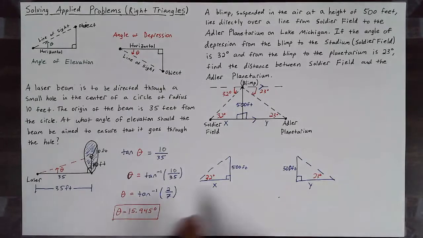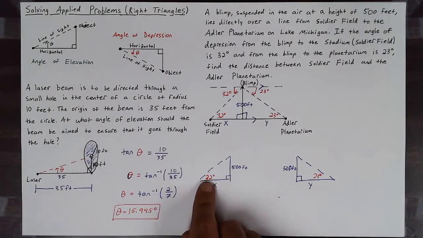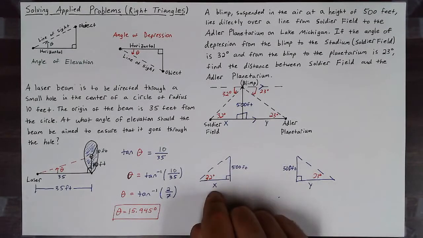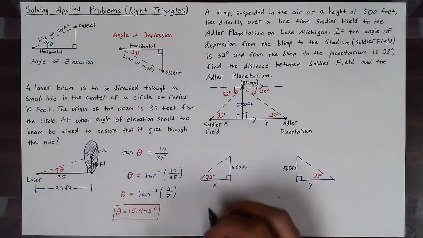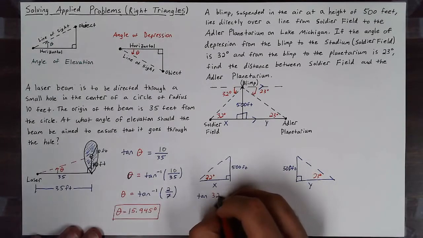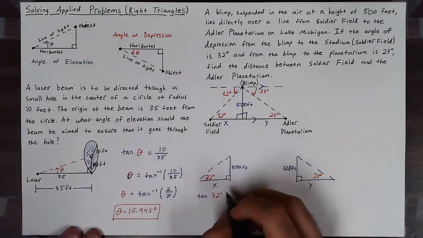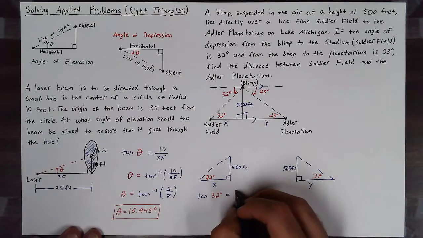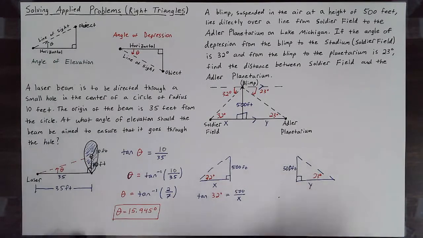All right, so now I have an angle, and I have the opposite and the adjacent side. So what I can write is the tangent of 32 degrees is equal to the opposite side, 500, over x.